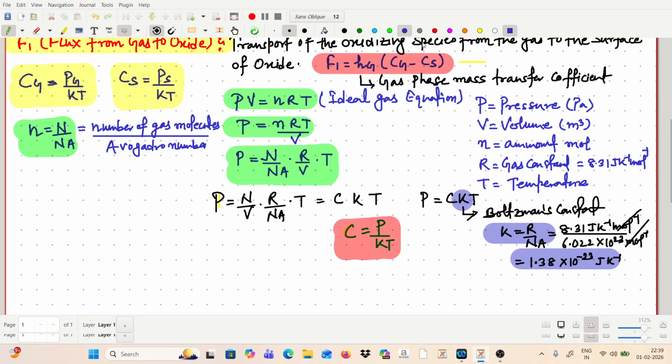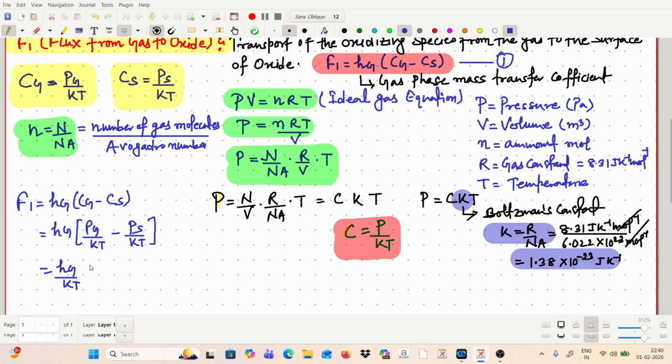Equation number 1. So now this F1 is Hg into Cg minus Cs. Now Cg can be written as Pg by kT minus Ps by kT, and this can be written as Hg by kT into Pg minus Ps.